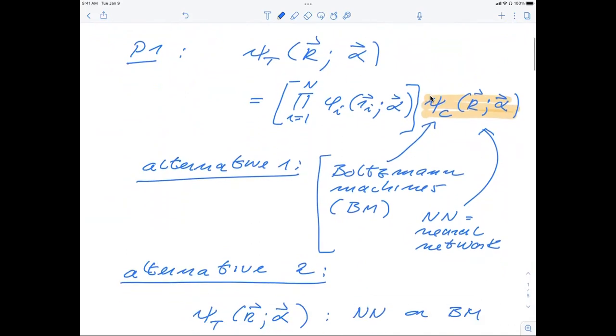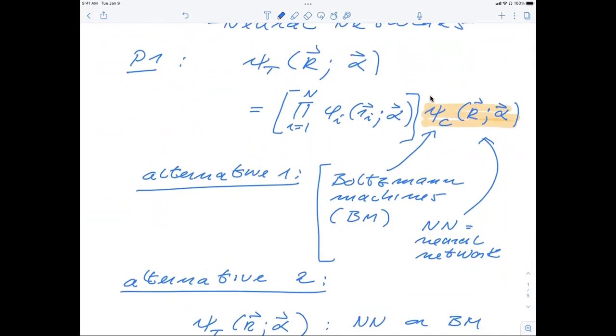So what we will call the physics-guided way of doing that, which is named alternative 1, is that we can take the best single particle wave function from project number 1, where we optimized the parameter alpha.